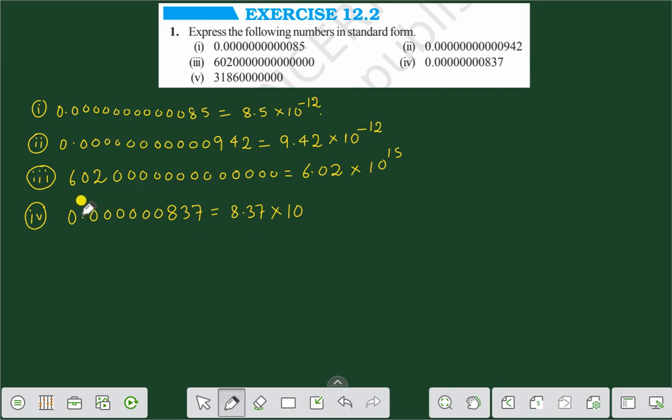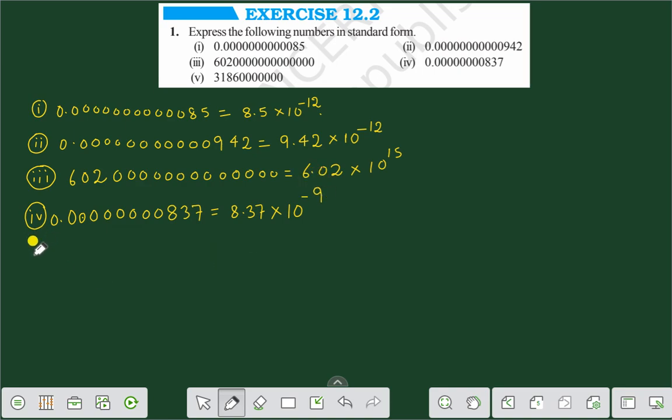Therefore, let us count here: 1, 2, 3, 4, 5, 6, 7, 8. That means 0 point 0 0, 1, 2, 3, 4, 5, 6, 7, 8, 9. It is 8.37 into 10 to the power minus 9.